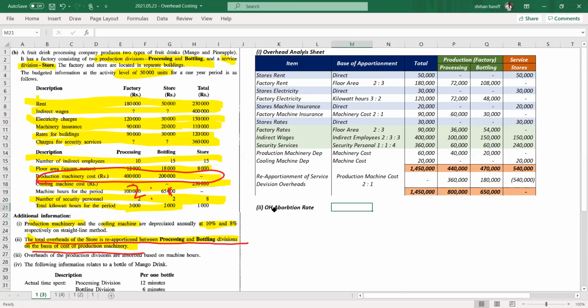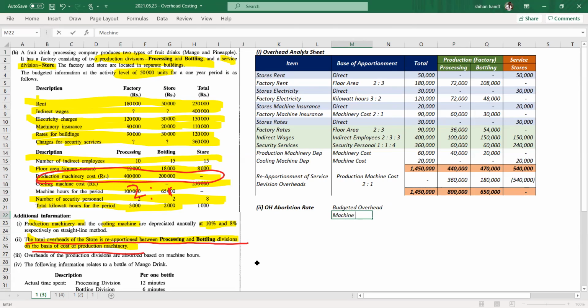So we calculate the overhead absorption rate by taking the budgeted overhead divided by base.